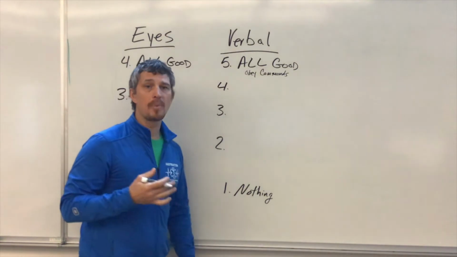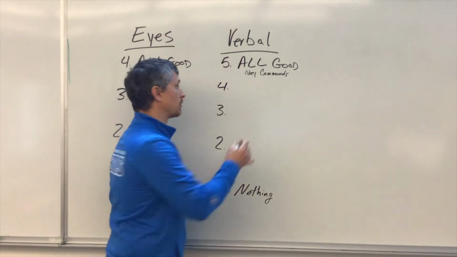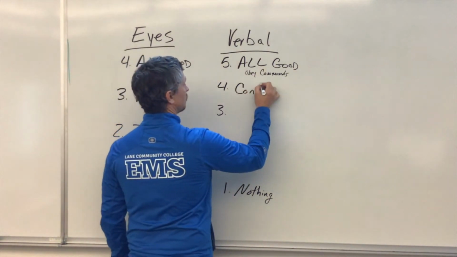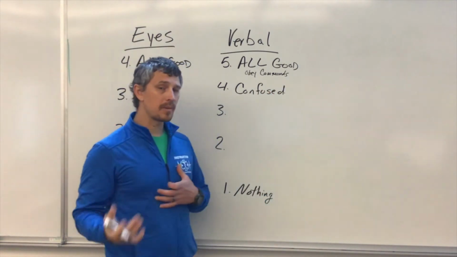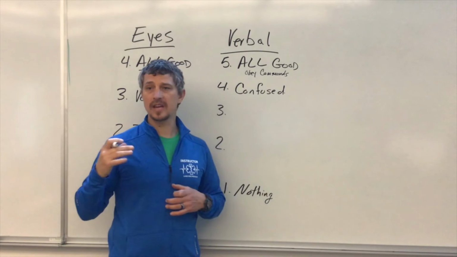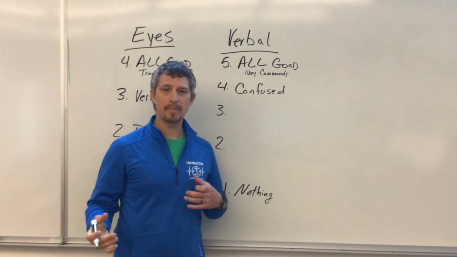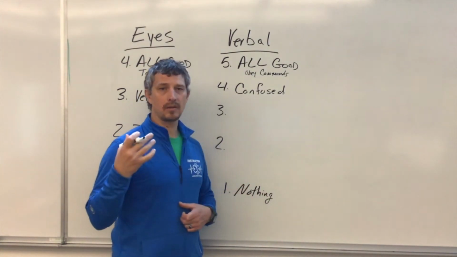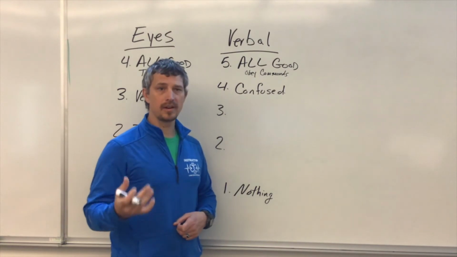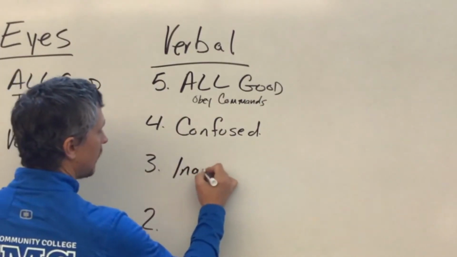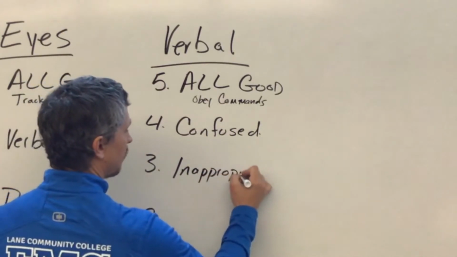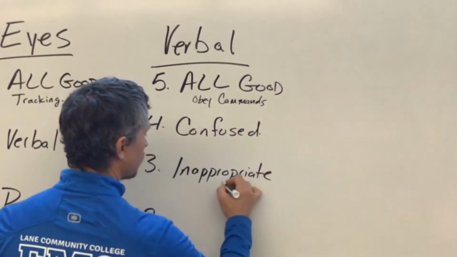Our 4, our patient's going to be confused. Something isn't right. There's something off, they don't know where they are, they can't quite figure out what happened. Somewhere in their discussion with you, they're confused. 3 is going to be inappropriate words.